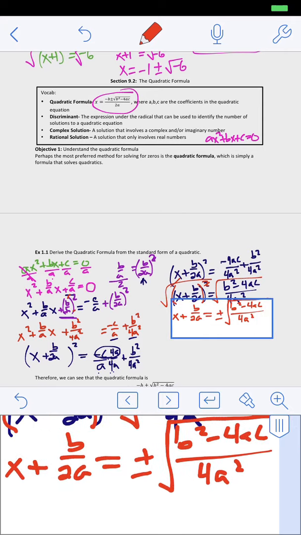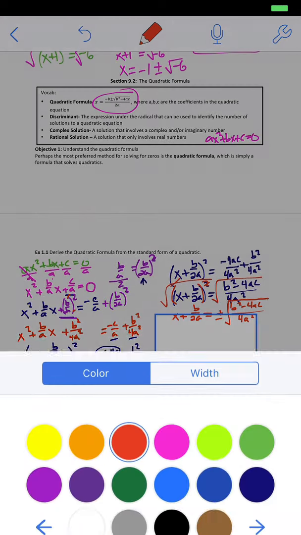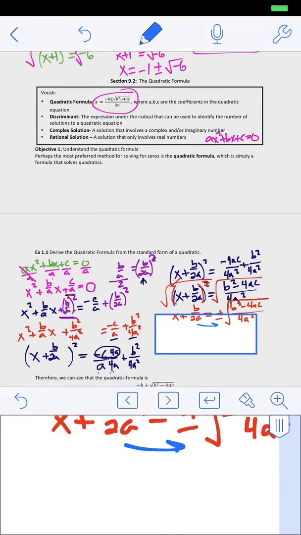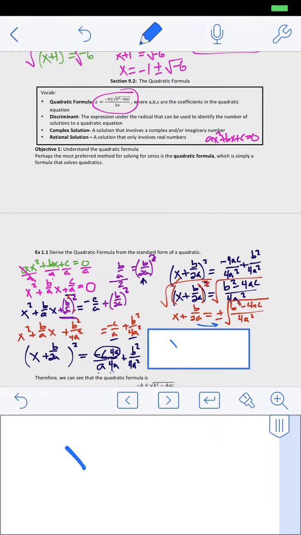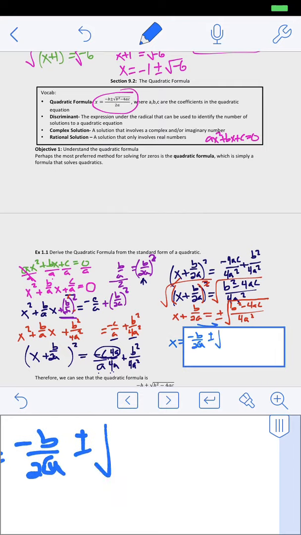And just like my regular problems, I'm not going to worry about reducing that until the end. The final step, I will move this b over 2a over, pardon me. x equals minus b over 2a plus or minus the square root of b squared minus 4ac all over 4a squared.